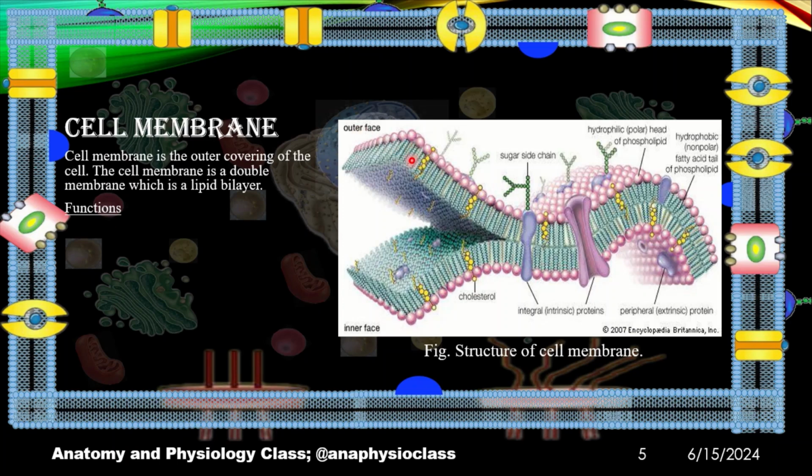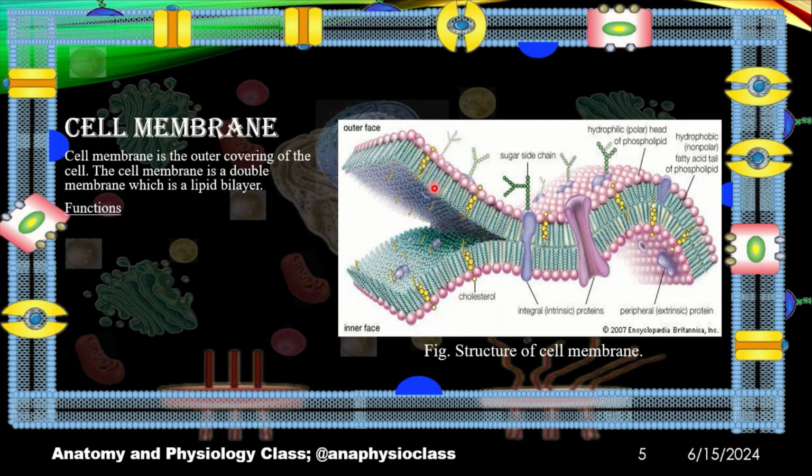Then the tail is composed of fatty acid chains, and it is hydrophobic, which means it doesn't allow water soluble substances to pass through it. So even if the hydrophilic head allows a water soluble substance to mix with it, the hydrophobic tail will not allow it to cross the cell membrane.